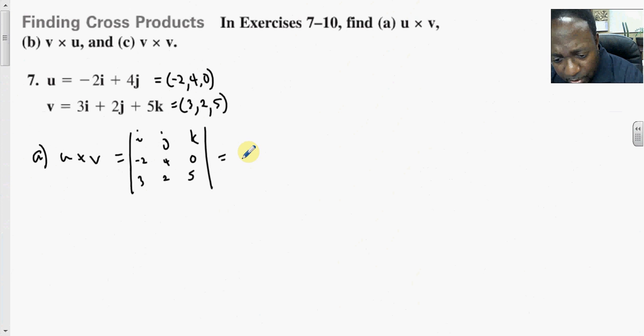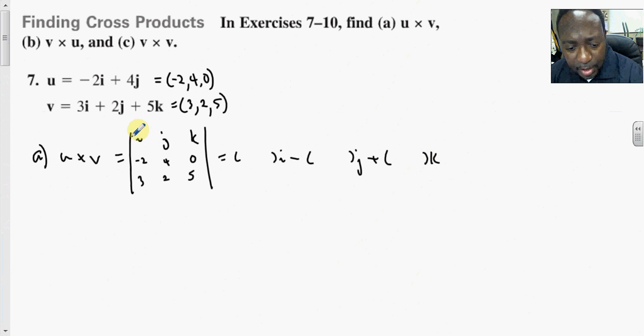Now, according to our schematic scheme, this is I minus J plus K. Take the ith position, delete the ith row and column. We do the determinant of the submatrix of these 4 elements. It's the cross multiplication, with the other direction being minus. So it's 4 times 5 is 20 minus 0.